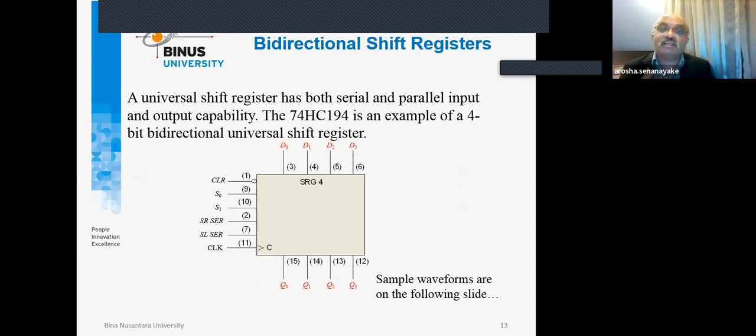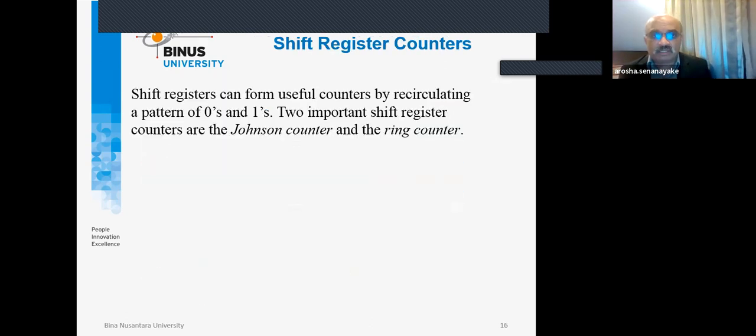Importantly, we have to manage the control signals S0, S1, SR, SL. That should be managed by us depending on the shifting that occurs. It is very important to understand that.